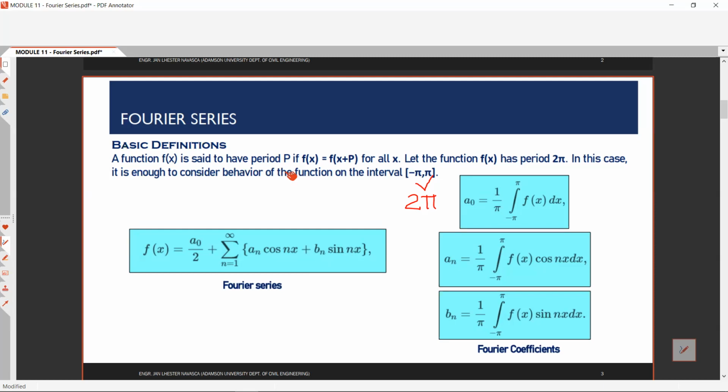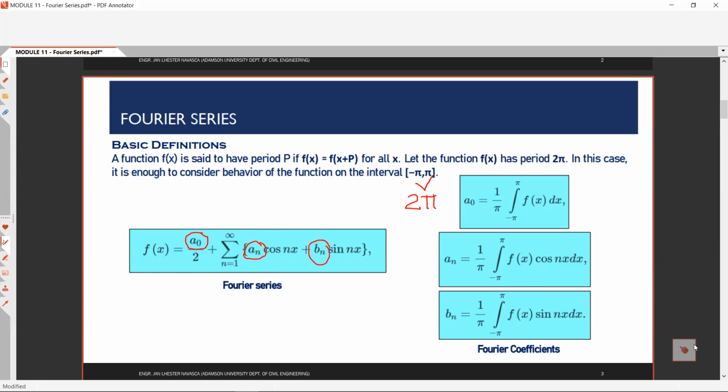Just like in our power series, whether Maclaurin or Taylor series, you need to solve for the constant term. Remember the constant term, f of a over n factorial? It's the same here. In the Fourier series, you need to solve for three constants: your a sub 0, your a sub n, and your b sub n.